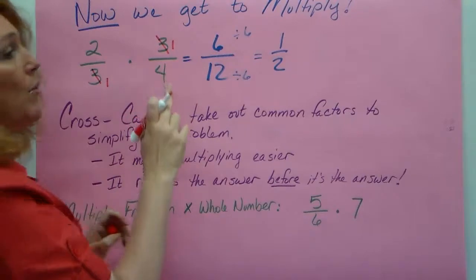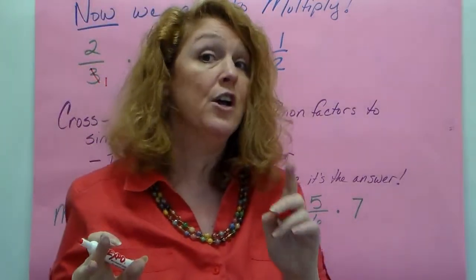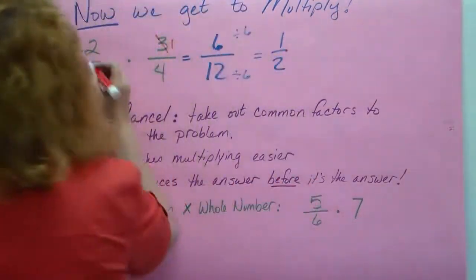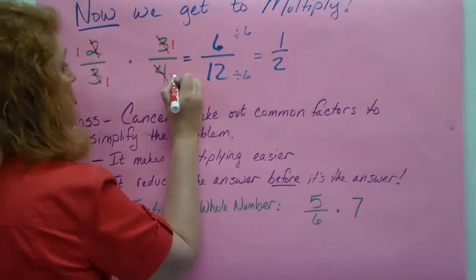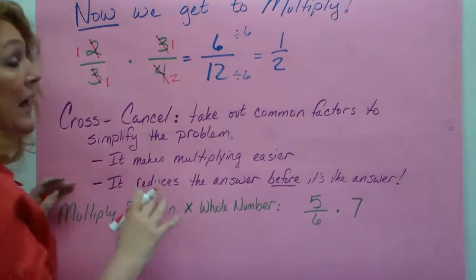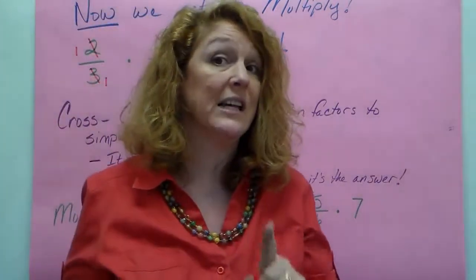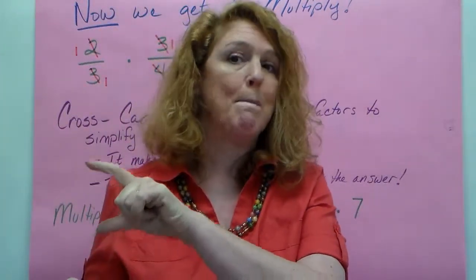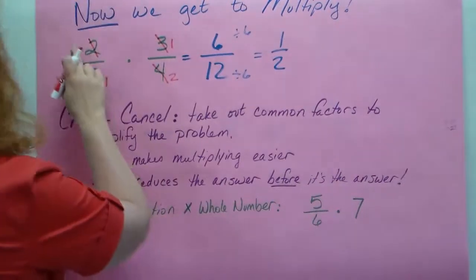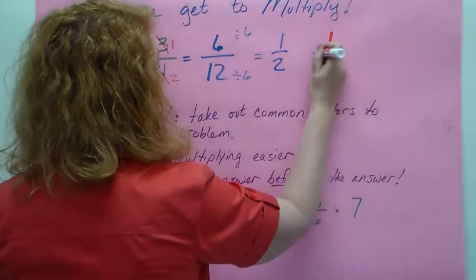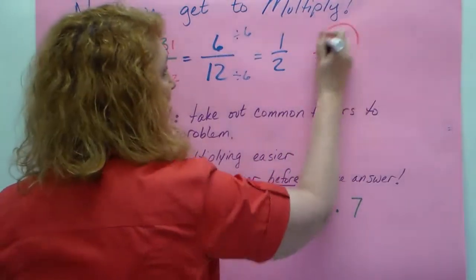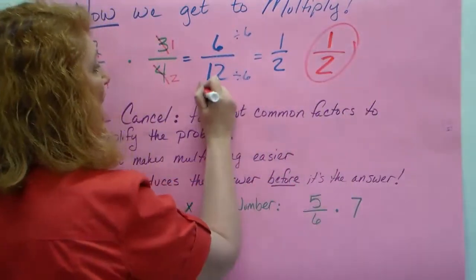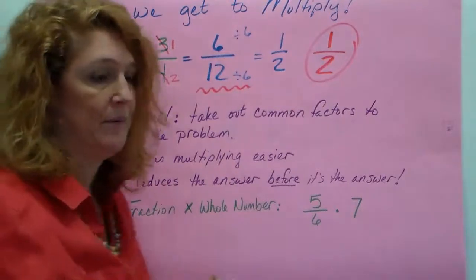A 2 and a 4 both have a 2 in common. 2 goes into both of those. 2 goes into 2, 1. 2 goes into 4, 2 times. Now that I've cross-canceled, if I were to now multiply straight across, 1 times 1 is 1, and 1 times 2 is 2. Check this out. I got straight here. I didn't have to go to this step.